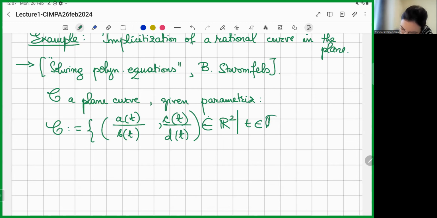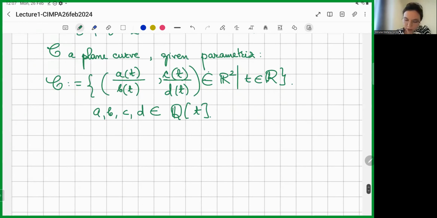T is a real number this time. A, B, C, D are polynomials. Let's take them in this polynomial ring with coefficients in Q.